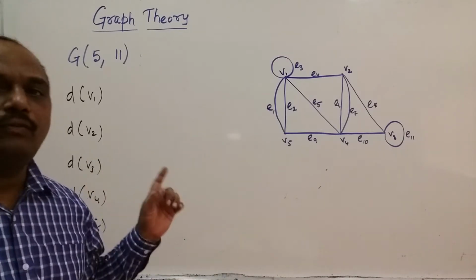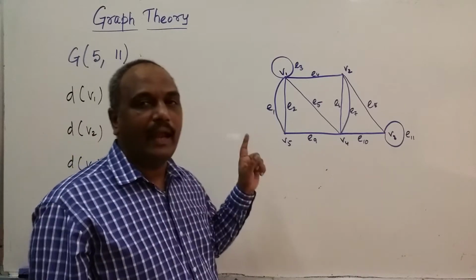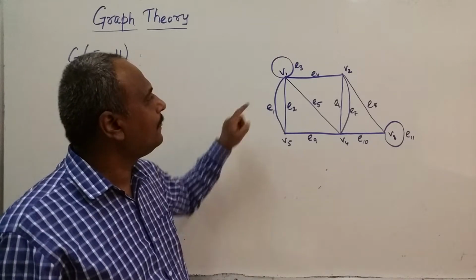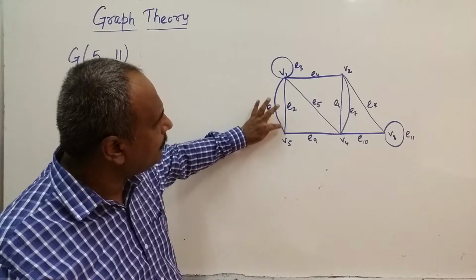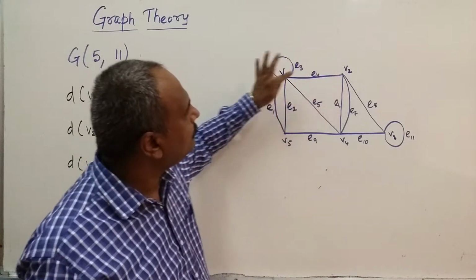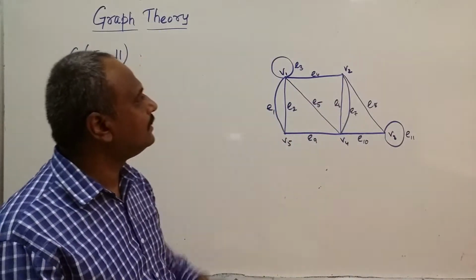The meaning of the degree is nothing but how many edges are passing through the vertex. When I take V1, how many edges are there? This is E1, E2, E4, E3, E5, isn't it?